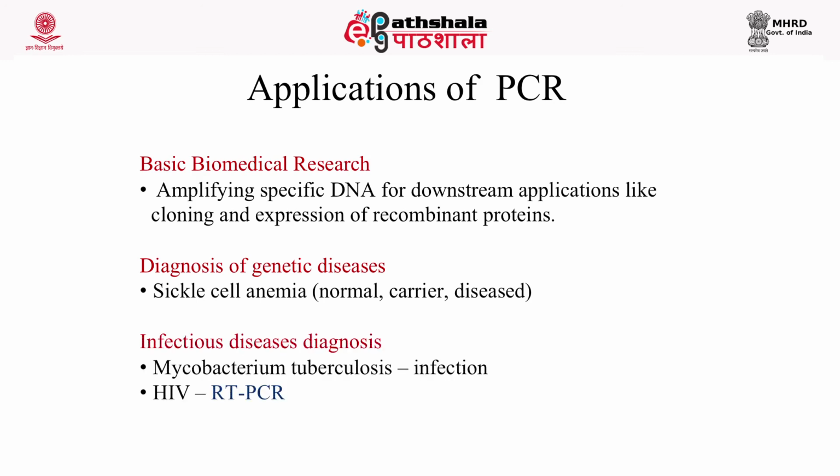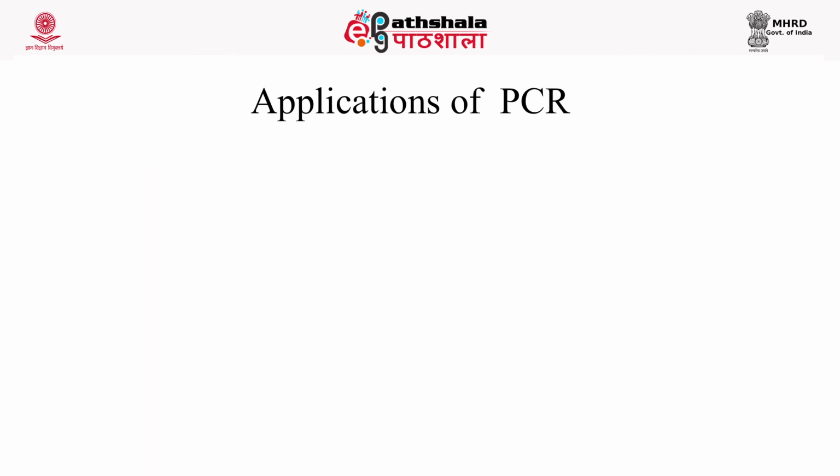PCR is also a very useful technique for infectious biology. Disease diagnosis for infections such as Mycobacterium tuberculosis or HIV infection can be done using PCR. PCR is useful for cancer biology experiments as well, wherein the differential gene expression can be measured using this technique.